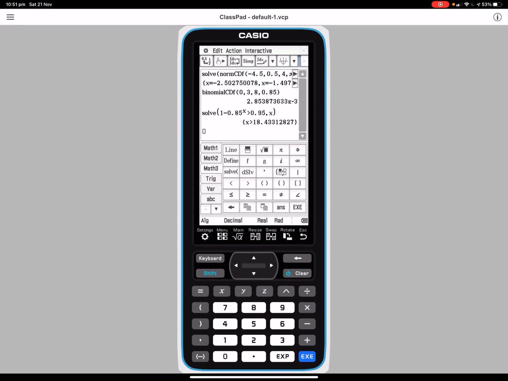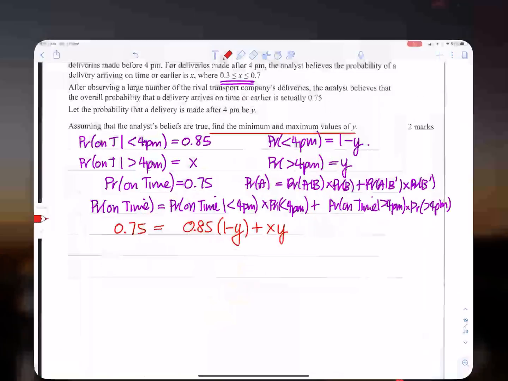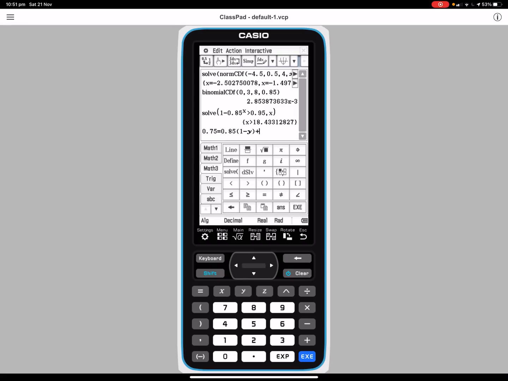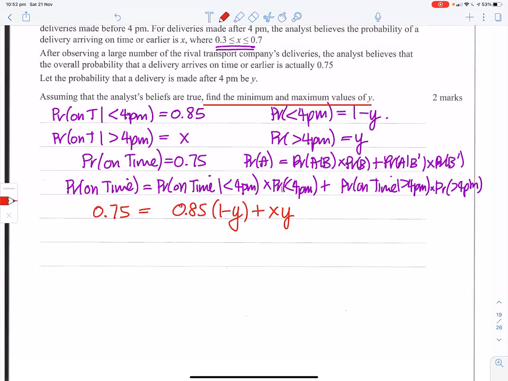So 0.75 equals 0.85 times 1 minus y, plus x times y. So this gives us a function that we're going to solve for y. So y is equal to 2 on 20x minus 17.